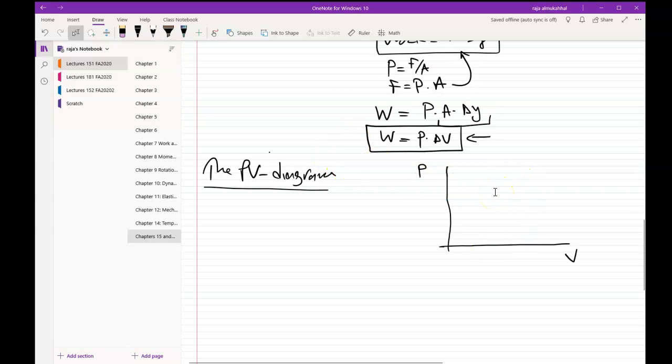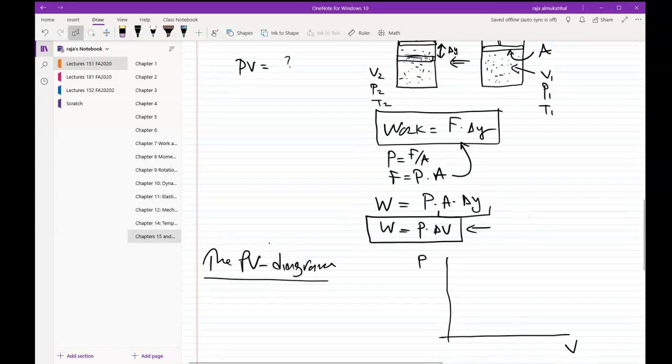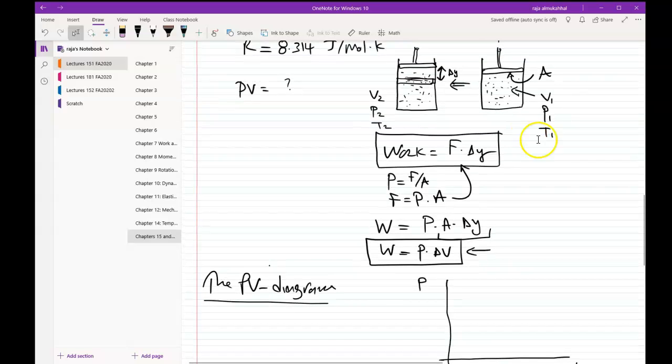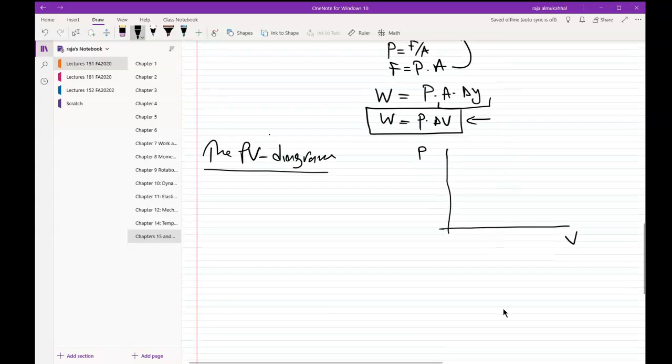And then you have something going on here. Some process happening. For example, let's go back to my piston here. I have prepared my piston to be at a certain PVT, which is V1, P1, T1. If I am going to represent it in the PV diagram, it's going to be some dot right here. So this dot is at some V1 and some P1.